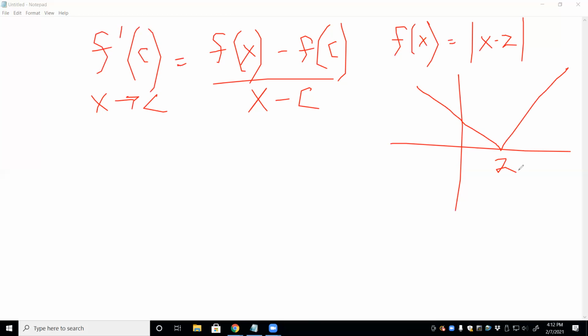Okay? And for a function to be differentiable at a point, it has to be continuous. And for a function to be continuous at a point, the limit from the left has to equal the limit from the right.